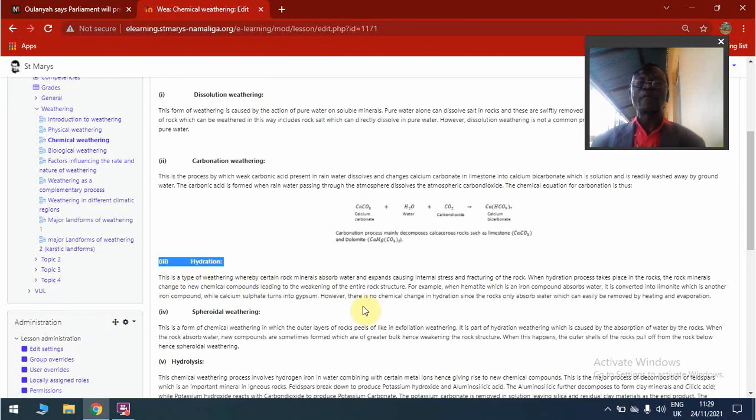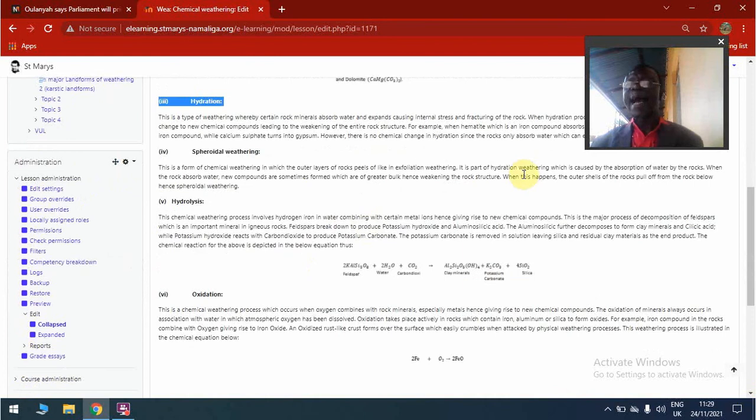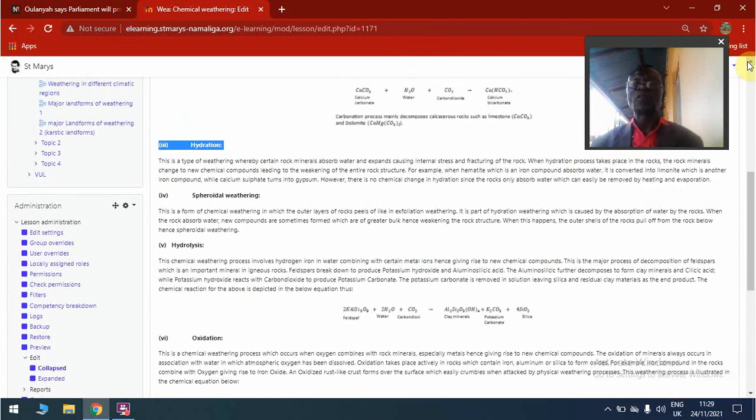The third type of chemical weathering is what we call the hydration weathering process. This form of weathering occurs in rocks which can readily absorb a large amount of water. And when these rocks absorb water, they can expand in volume.